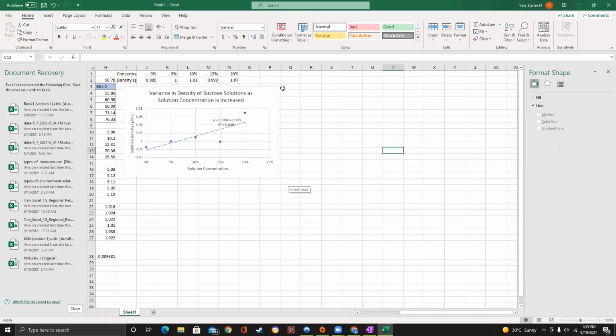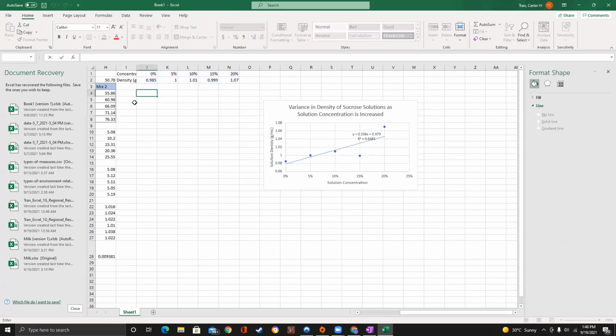Okay. So now we have that here. Do the same thing, but this time we're going to do 0.338 J1, equals 0.338 J1 plus 0.979.